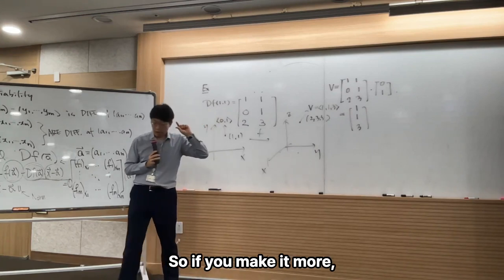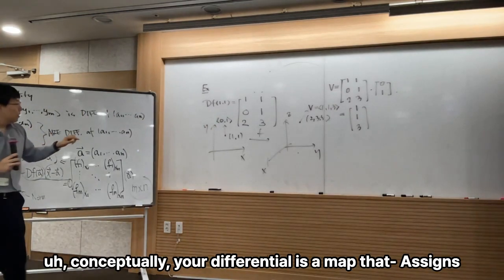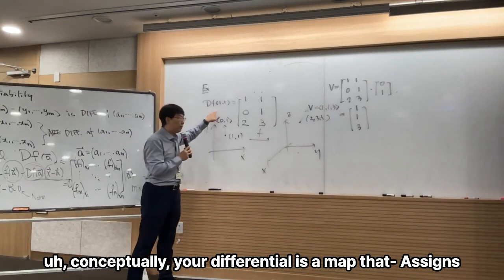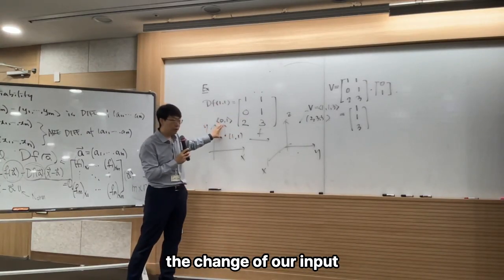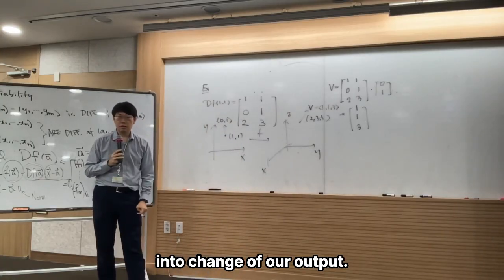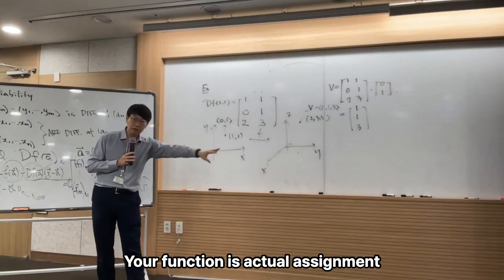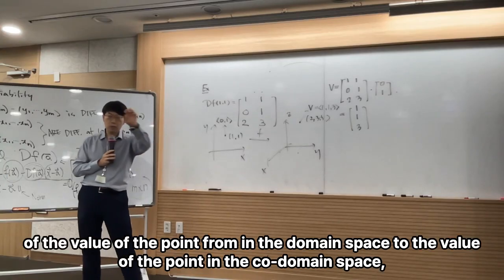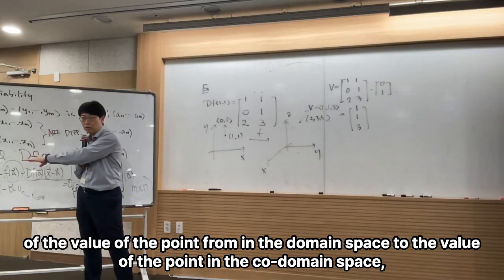So if you make it more conceptual, your differential is a map that assigns the change of your input into the change of your output. That makes sense? Your function is the actual assignment of the value of a point in the domain space to the value of a point in the codomain space.